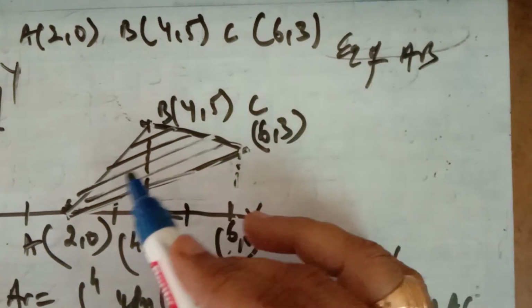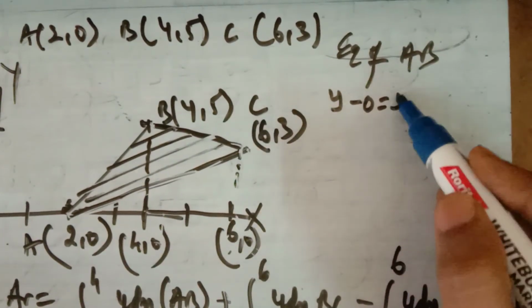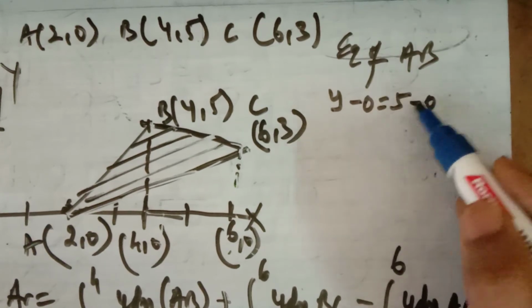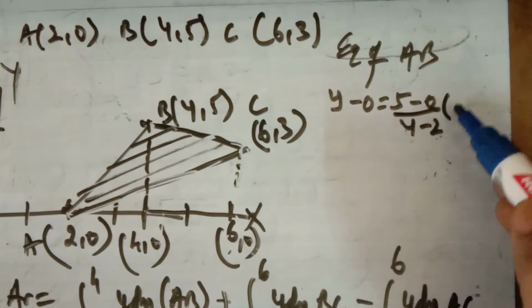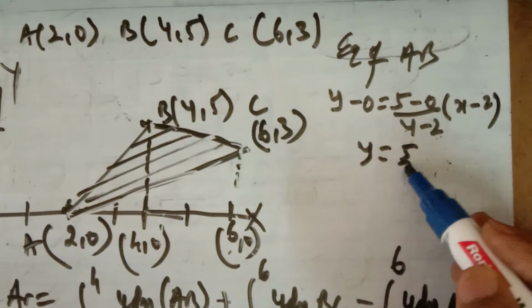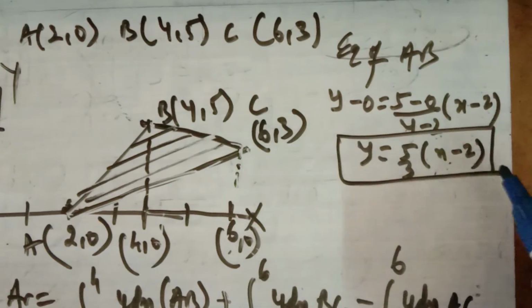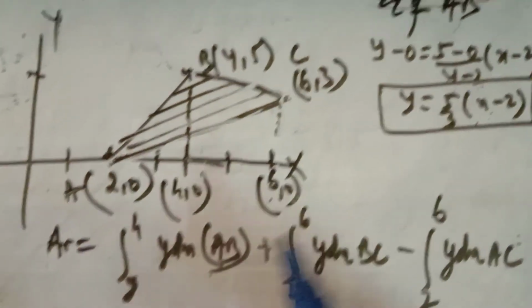So you find the equation of AB passing through these points. It will be y minus y1 is equal to y2 minus y1 upon x2 minus x1 times x minus x1. So this is the equation you get for AB.